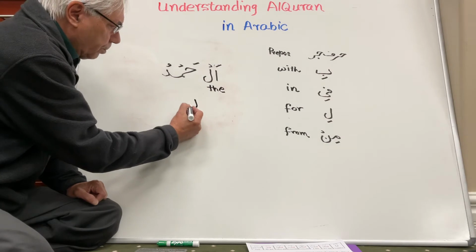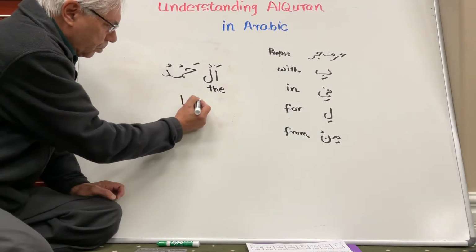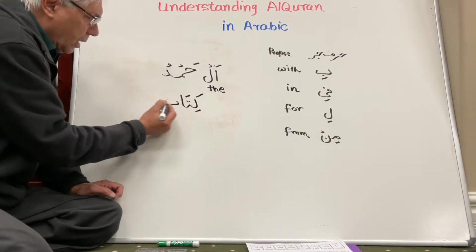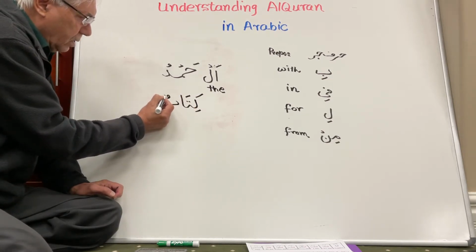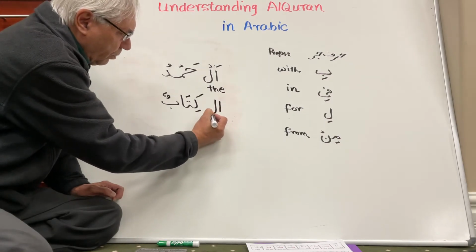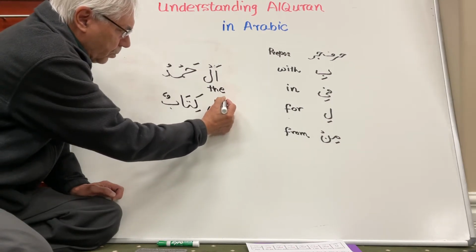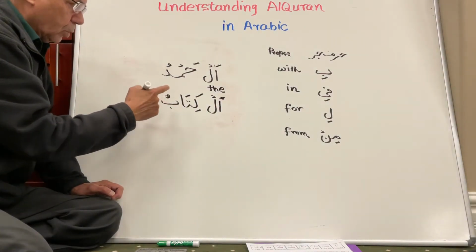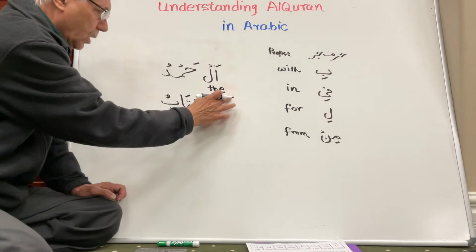If it was kitabun, always, the first time when you make a noun, it has two pesh at the end. Kitabun. When you put al before that, it becomes al-kitabu, the book. Okay.